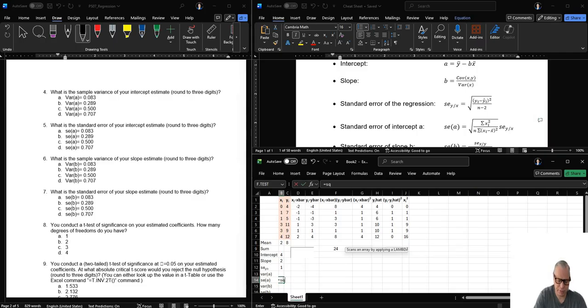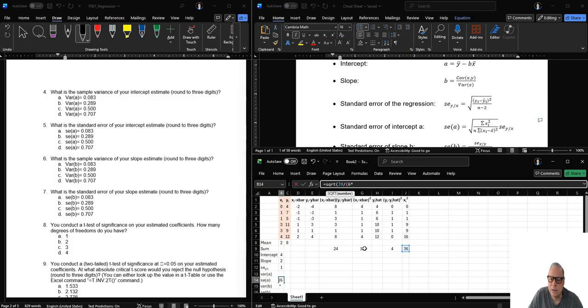Okay, so we start with the square root. And in the square root, what goes into it is the sum of the xi square, the 36, divided by open parentheses, n, which is 6, we have 6 observations, times the sum of the squared deviations from the mean, which is the 12, times, so now we are done with the square root, times the standard error of the regression, which is just 1.